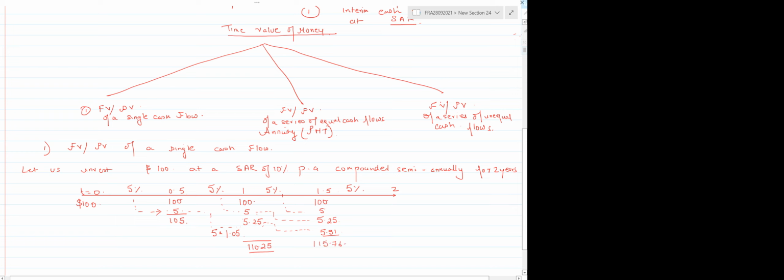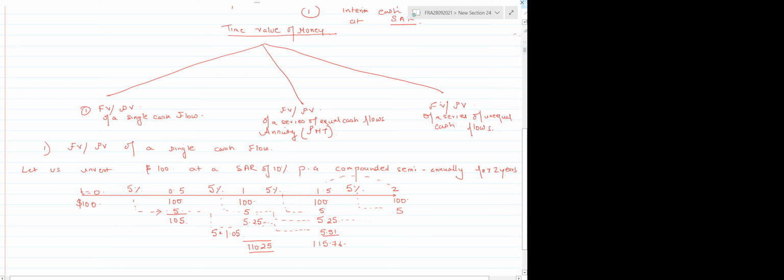So at the end of the second year, on the $100, again I earned $5 for the period from the beginning of 1.5 years to the end of the second year.